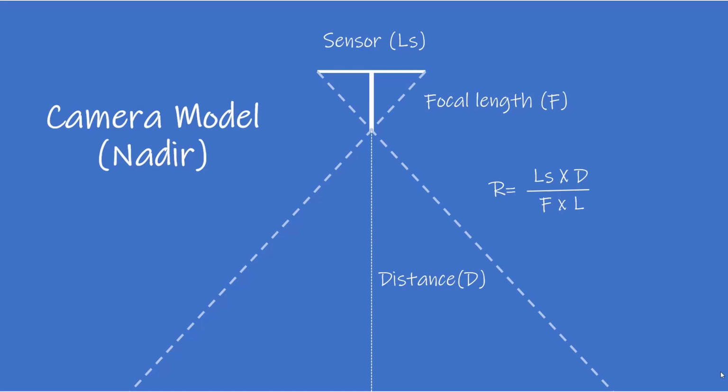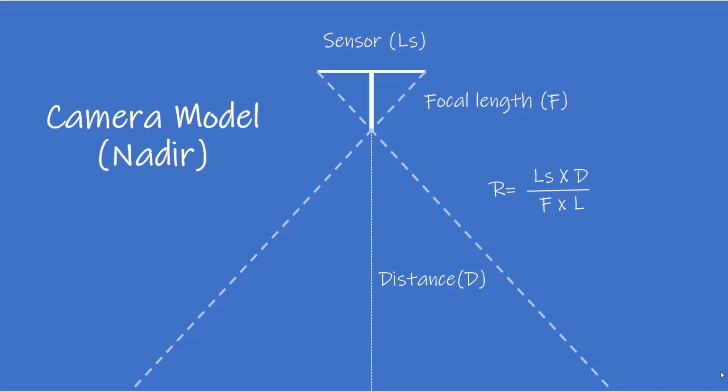Because a camera, when it takes an image, has a finite number of pixels along its length and height, the further away from the target we get, the more information needs to be placed in each pixel. You may hear this sometimes referred to as ground sampling distance, but in our case, we'll refer to it as our resolution.